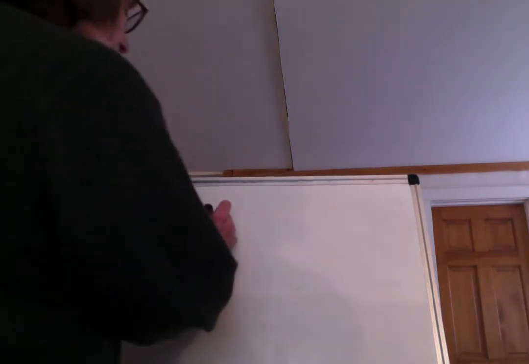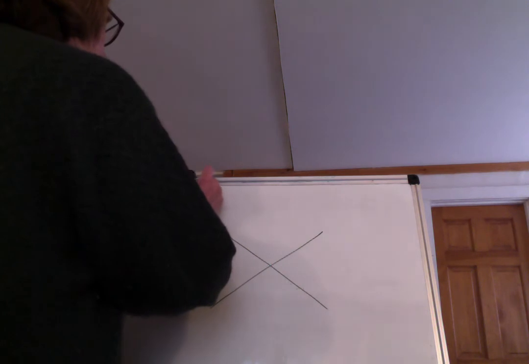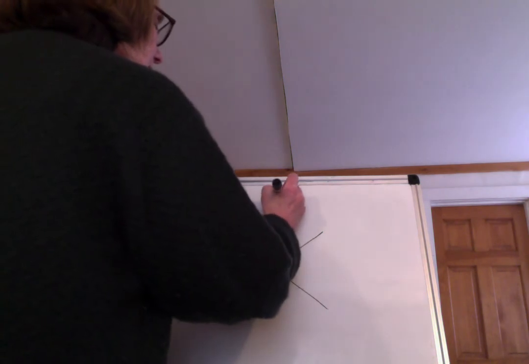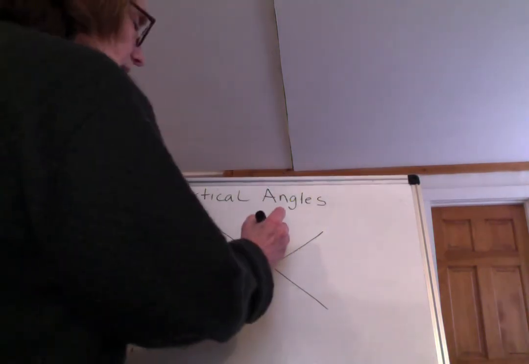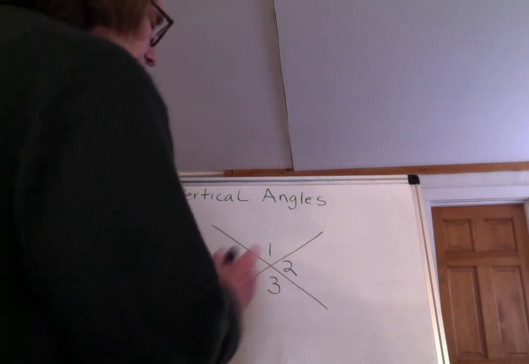We also have vertical angles. And they'll be numbered 1, 2, 3, and 4.